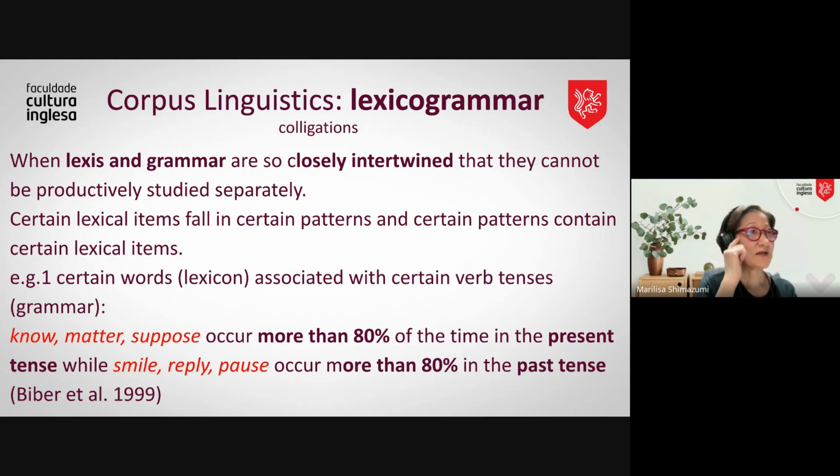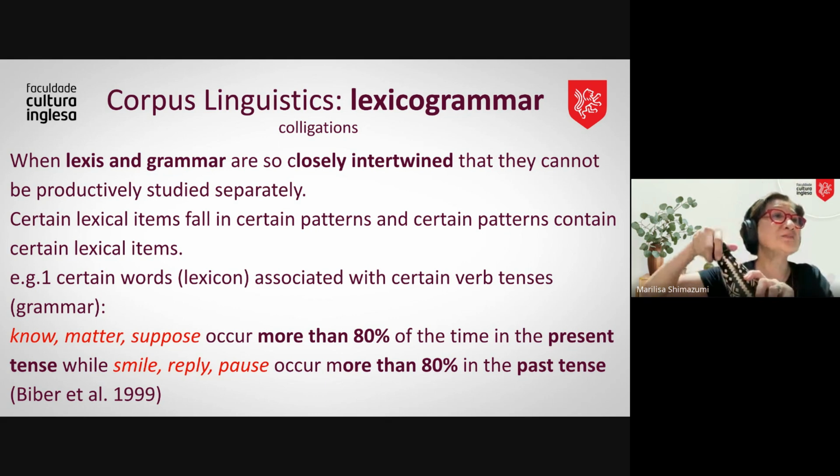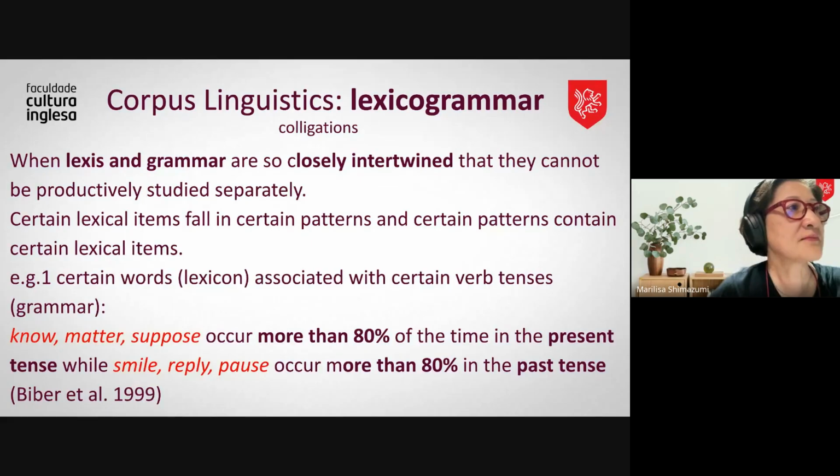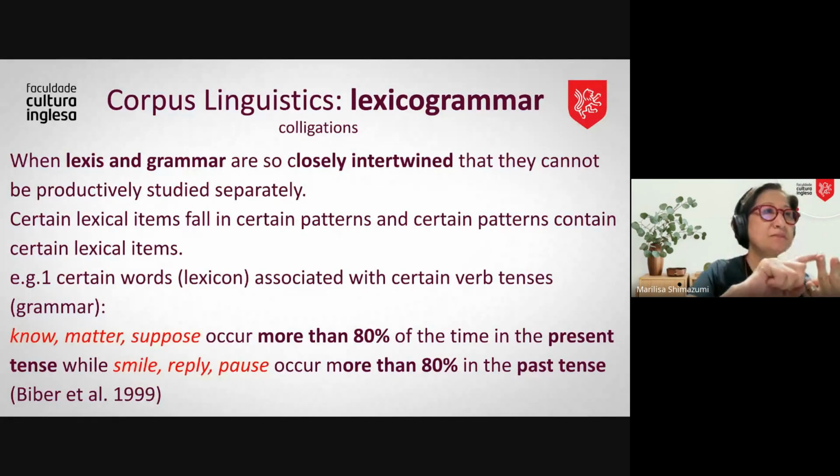And look here, in a vast collection of corpus, Professor Biber has been able to tell us that the verbs know, matter, and suppose occur more than 80% of the time in the present tense. And the verbs smile, reply, and pause occur more than 80% in the past.